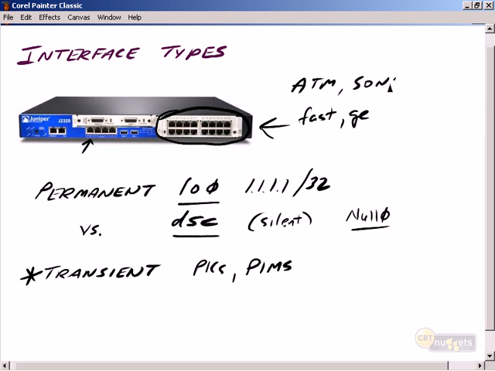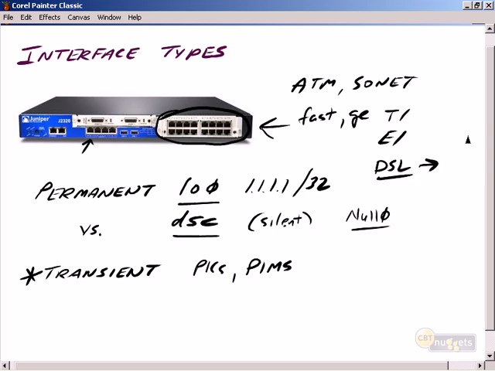Maybe you need SONET interfaces for fiber connections to other routers in your campus or to your service provider. Maybe you want T1 interfaces or E1 interfaces if you're in Europe. Maybe you've got a DSL interface you need on your router to connect to your service provider, right?